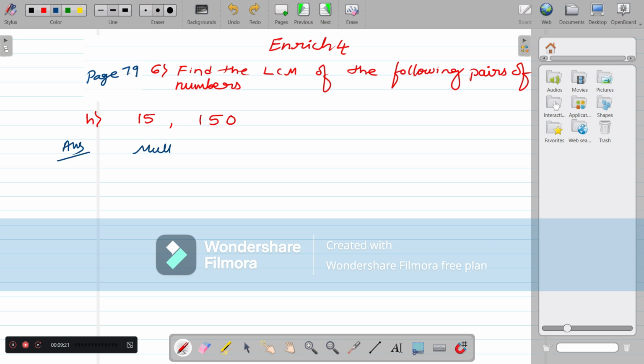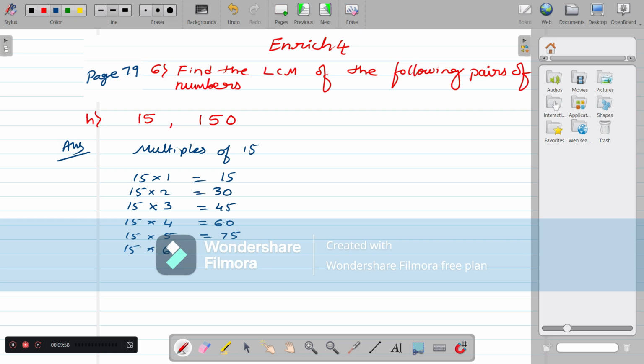The first number is 15, so I will find the multiples of 15. 15 into 1 is 15. 15 into 2 is 30. 15 into 3 is 45. 15 into 4 is 60. 15 into 5 is 75. 15 into 6 is 90.